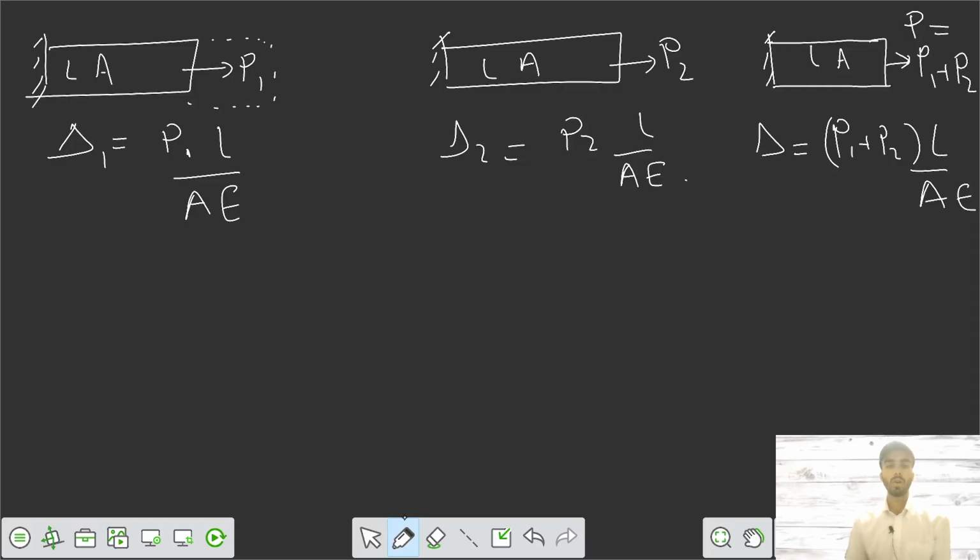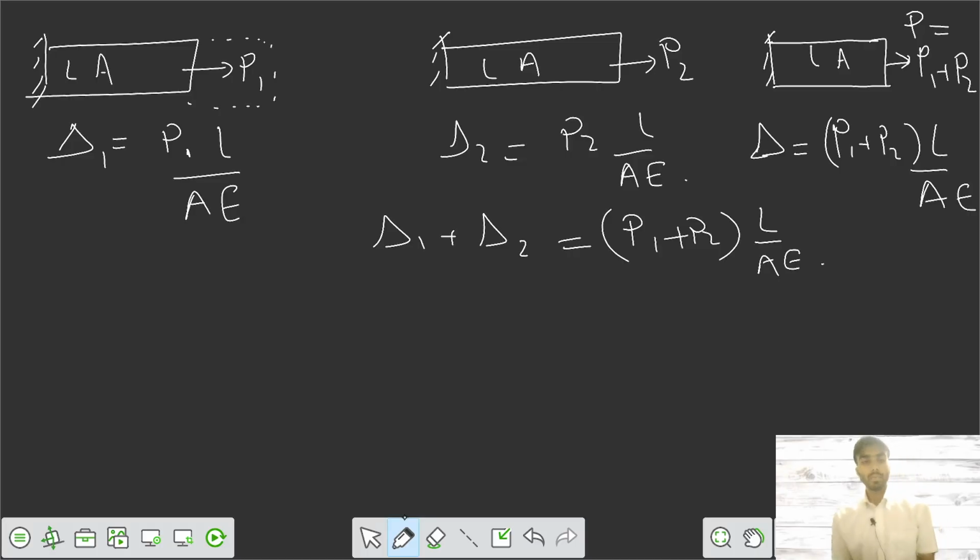Now, if you sum delta 1 plus delta 2, that also equals (P1 plus P2) L by AE. So your superposition is valid only if your stresses are within the elastic limit. When this was derived, it was under the elastic limit.